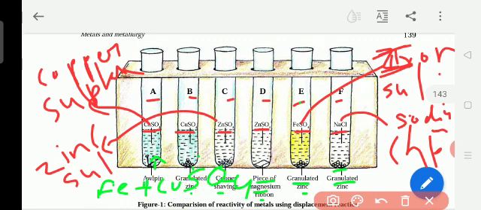Please observe here, Fe is the iron, CuSO4 is the copper sulfate, and this iron is replacing the copper.